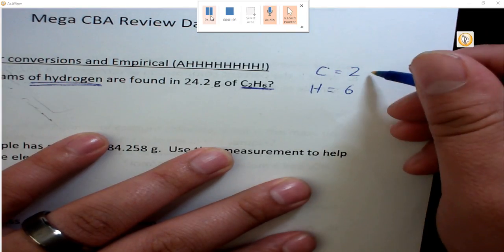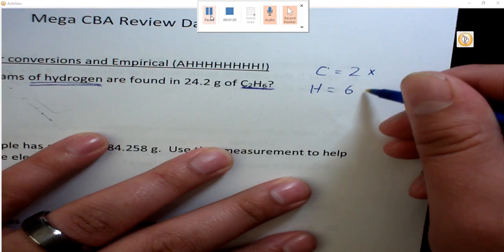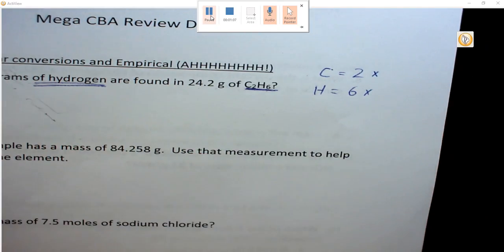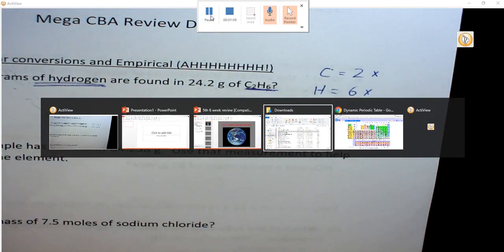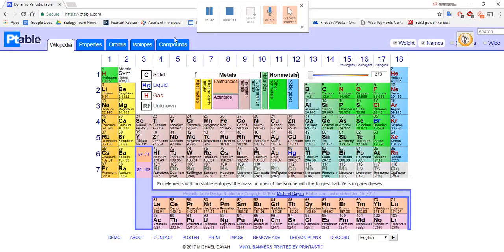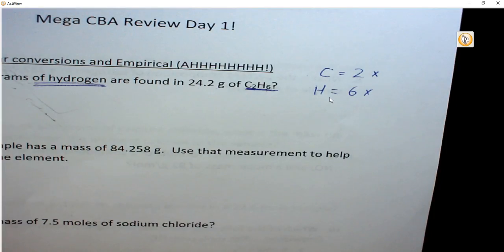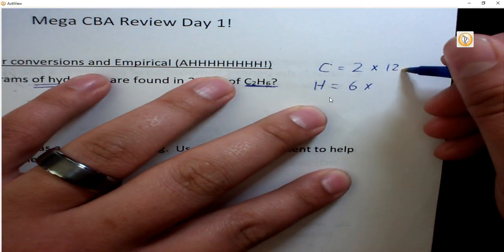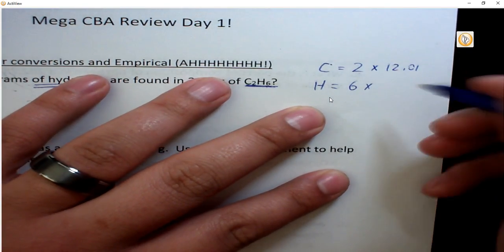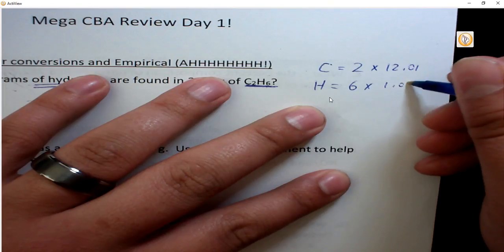And what we need to do now is multiply them by their molar masses, which of course we can always find on the periodic table. So we find carbon's at about 12.01, so we'll multiply carbon by 12.01, and hydrogen is 1.01.